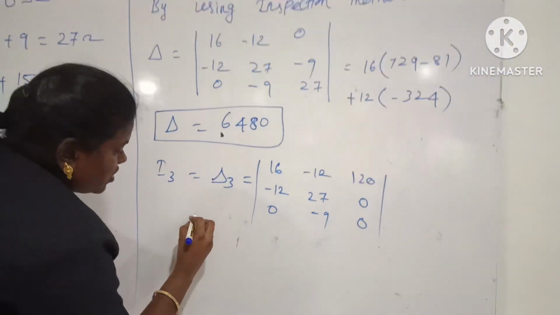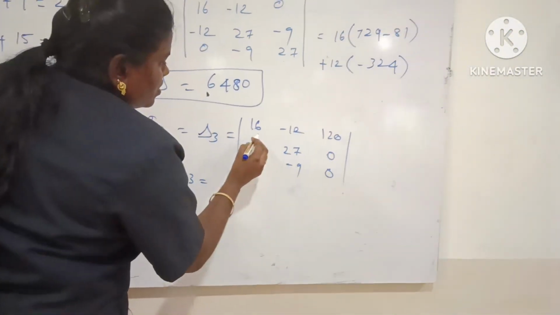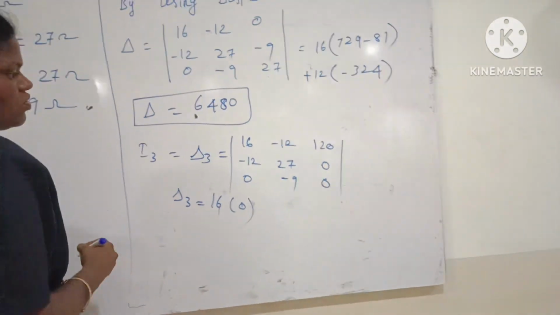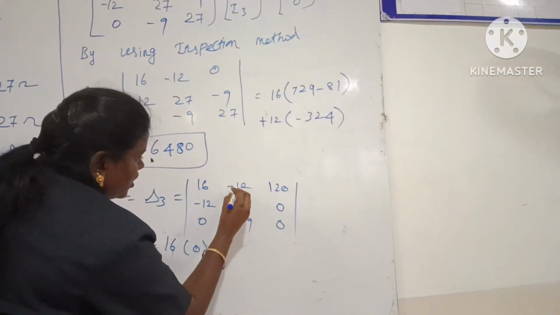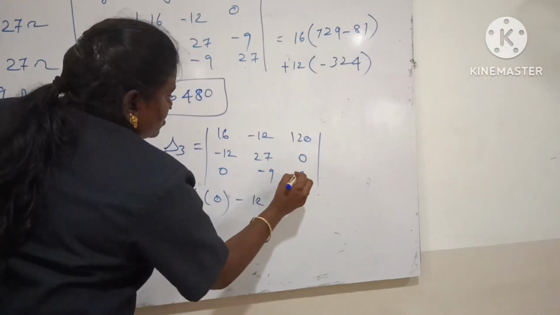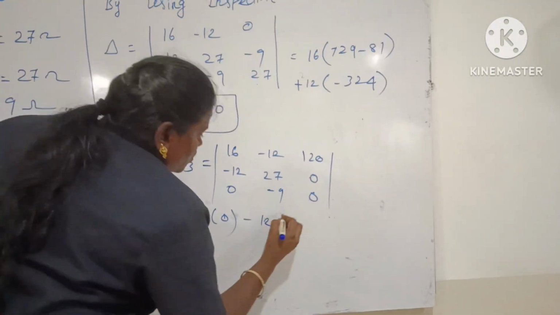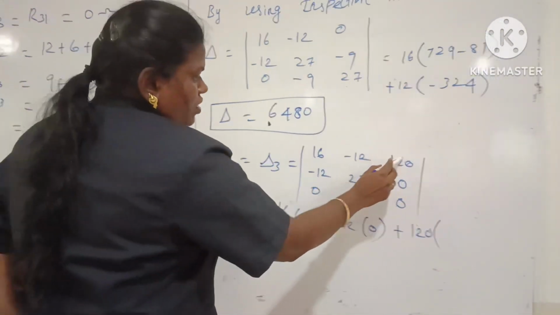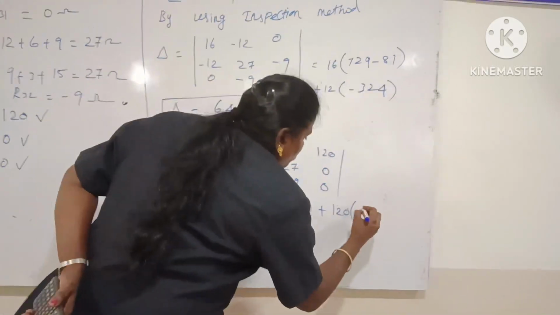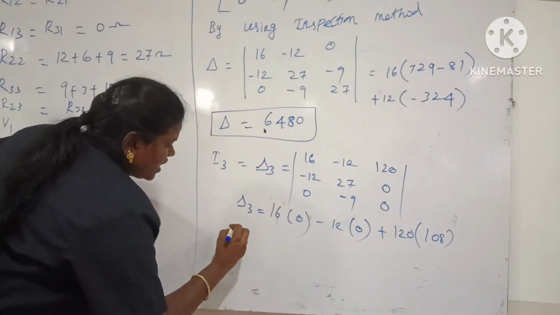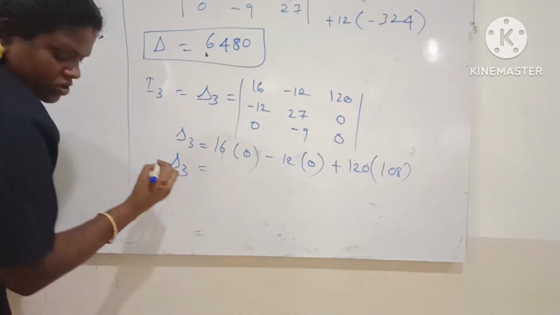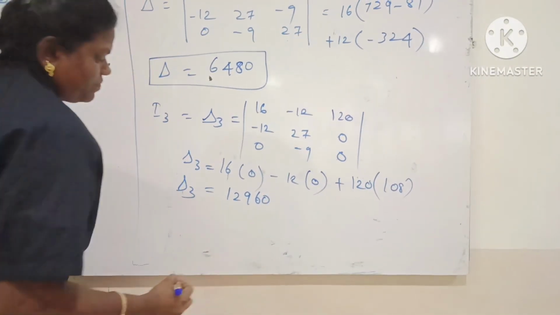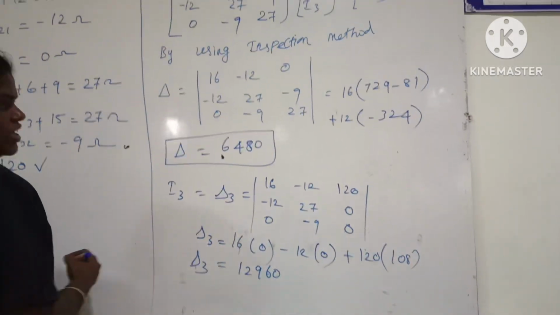So del 3 is equal to 16 into 27, 0 is 0 value, then 12 into, this is also 0, 12 into 0, 0, 0 into 0, 0. Next one plus 120 into 12 nines are 108. So we will get the answer del 3 is equal to 12,960. So we can get the I3 value.